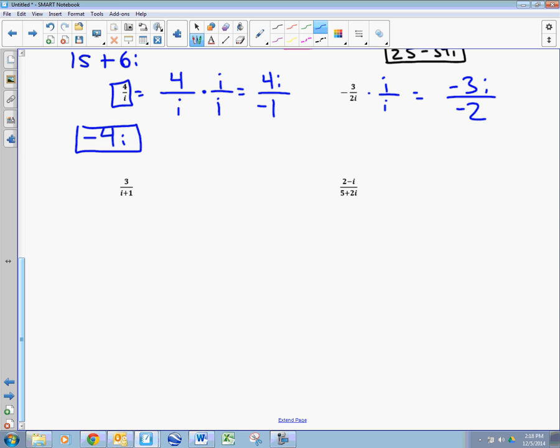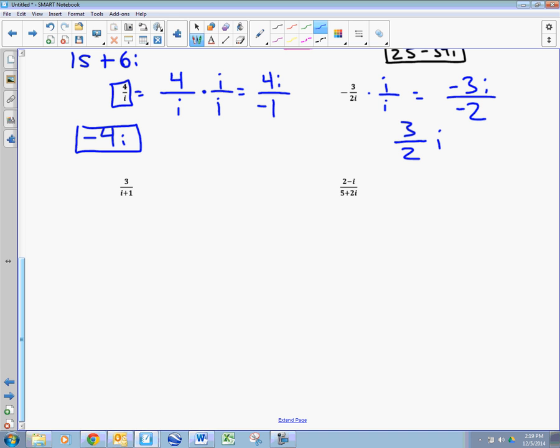Negative divided by negative is positive, and I write it like this, 3 over 2, and I put the i right behind it. I won't mark it wrong on the test if you don't do stuff like that. I just want you to understand why it's written the way it is and how it's consistent. I'll show you right after we get done with these two why they do it.